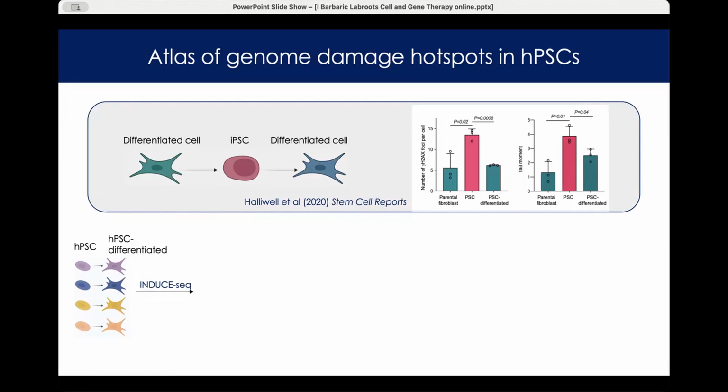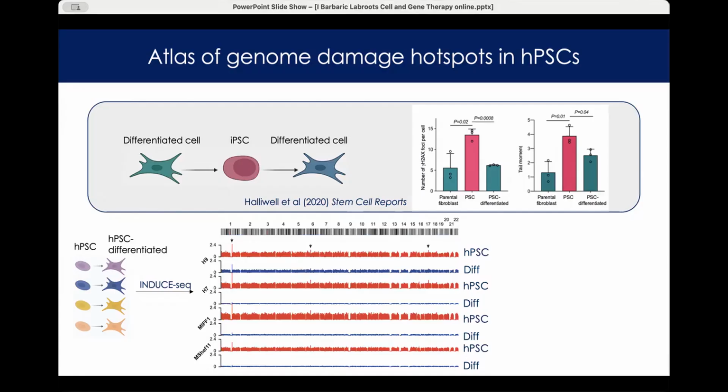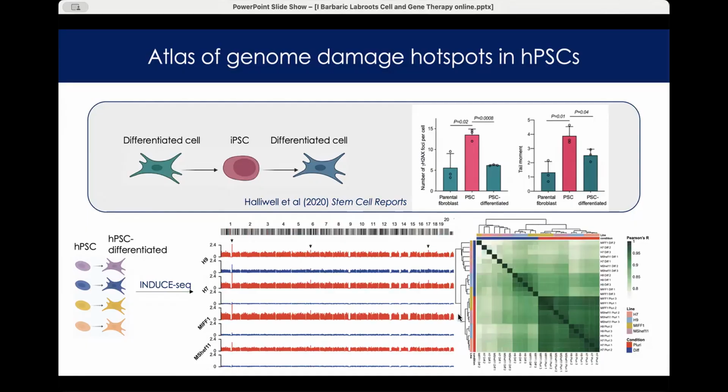Now, doing this across 4 lines and the differentiated counterparts told us, first of all, as we saw previously, that there's way less genome damage in the differentiated state compared to the pluripotent one. And secondly, when we performed the clustering of these samples, we could see that they separate based on whether they are pluripotent or differentiated.